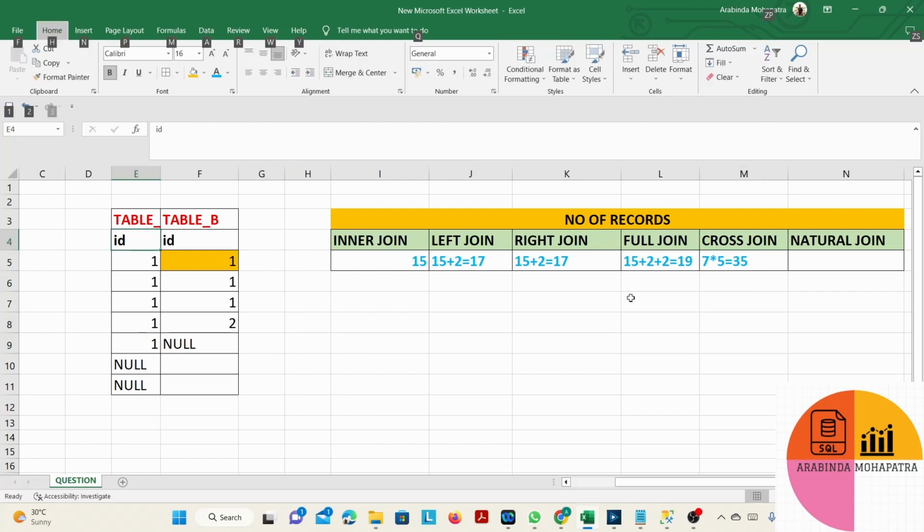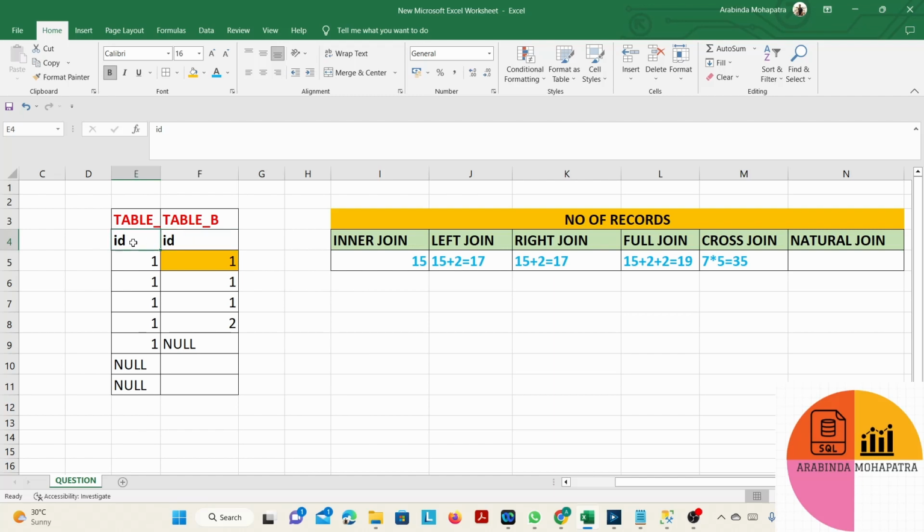Now let's jump into the natural join. Basically, the natural join is not present in SQL Server, but it is present in other RDBMS, just like in MySQL. The natural join will act as an inner join if the same column is present in both tables. Suppose from table A, ID is a column, and from table B, ID is also a column. The column name is the same.